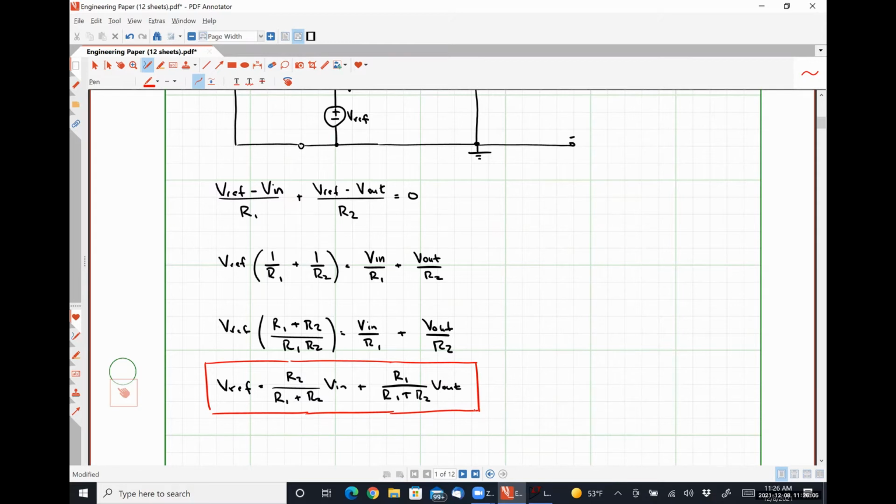And it looks a little bit different than what we've seen previously because it's telling us how our reference voltage relates to both the input and the output. The reason we get such an interesting relationship here is because we know the output can really only have two states. It's either going to be VCC plus or VCC minus.